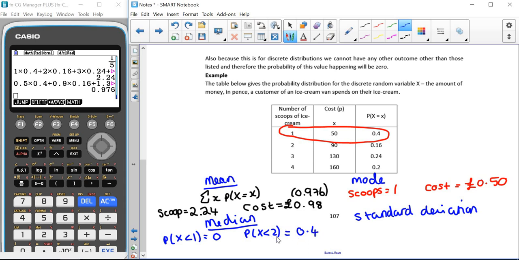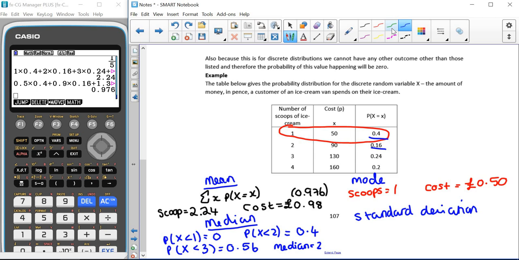Now that isn't quite far enough because we haven't got a half yet. So if we have a look at the probability of x being less than 3, that means that we could have 1 or 2, which gives us 0.56. So that means that the probability of our having less than 3 scoops is 0.56, which means our median is 2.